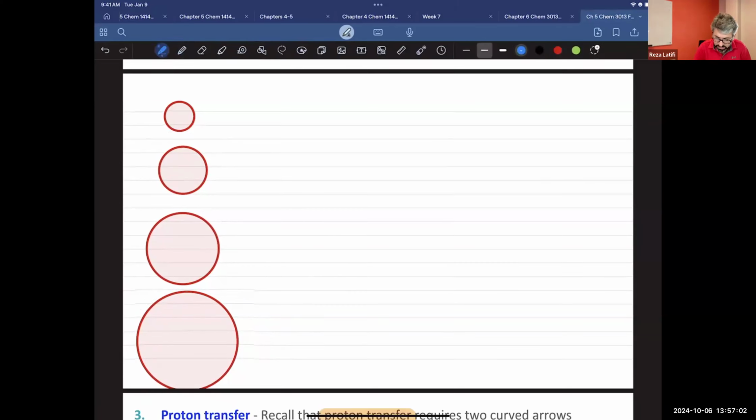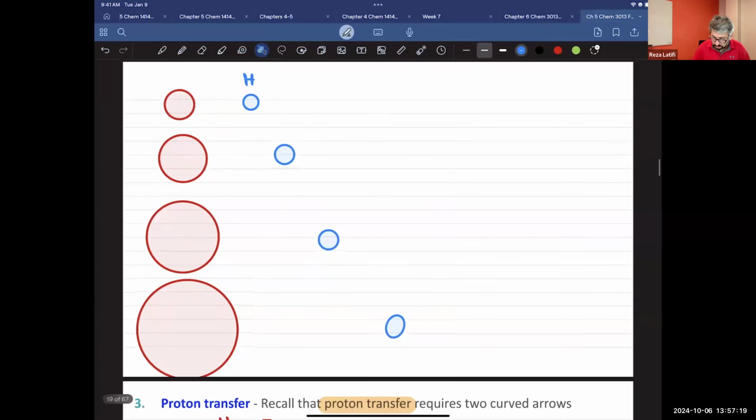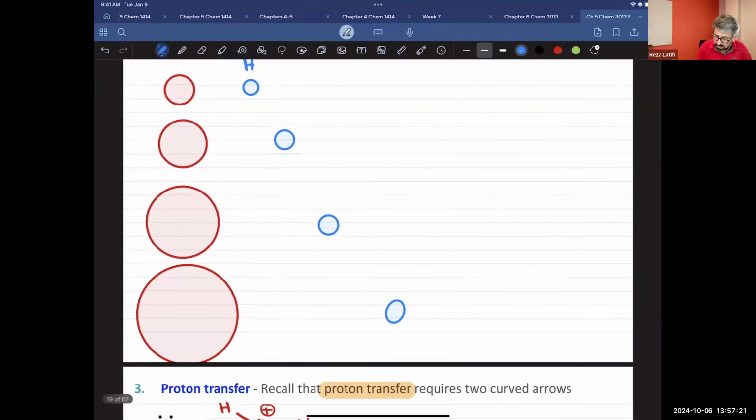Let's say this is hydrogen. If you make elements bigger, hydrogen will move a bit far. So every time I increase the size of the non-metal that's attached to hydrogen, bond length gets bigger.